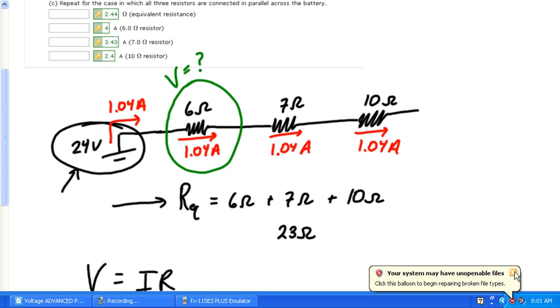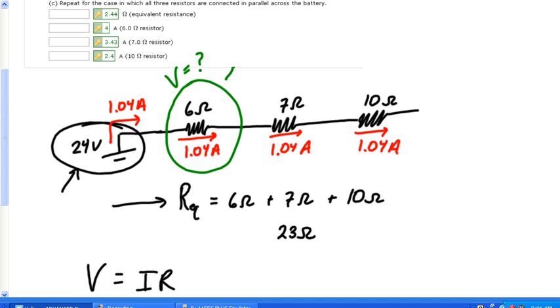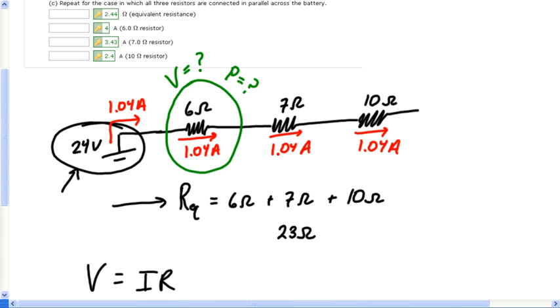Or it might even ask you to find the power. That's not too big of a deal. If it wanted me to find potential, all I'd have to do is I times R. It'd be about 6 volts. If it wanted me to find power, I could go I squared R, which would basically be about 6 watts here, because I squared would be 1 times 6.